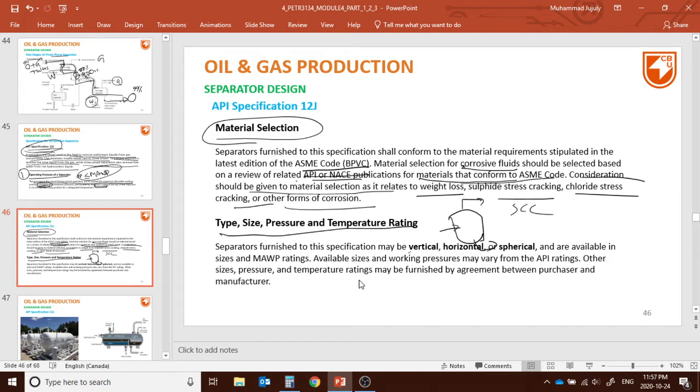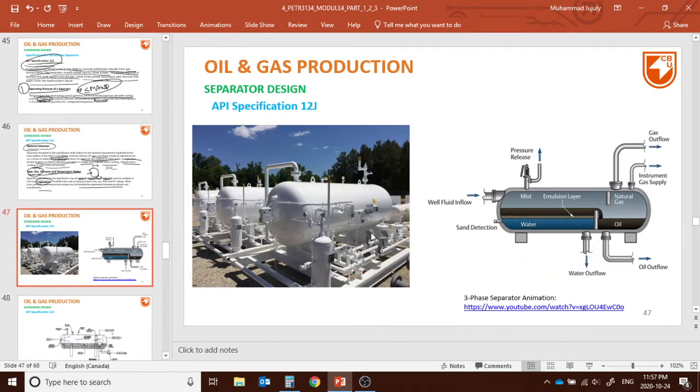It could be vertical, horizontal, or spherical. These are very important, so the size and type we should select, and also by the MAWP rating. We'll see how we calculate it, but remember these are very important factors: the size, type, and pressure and temperature rating.